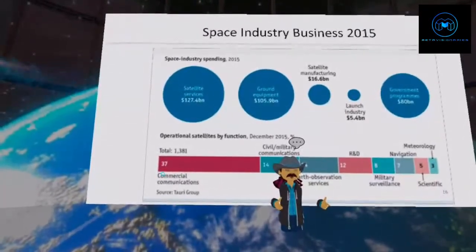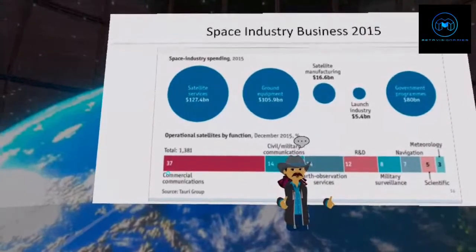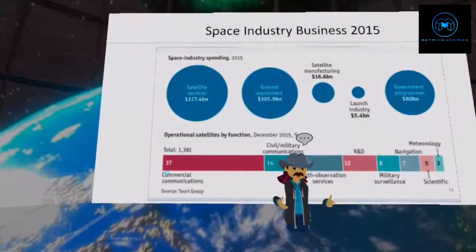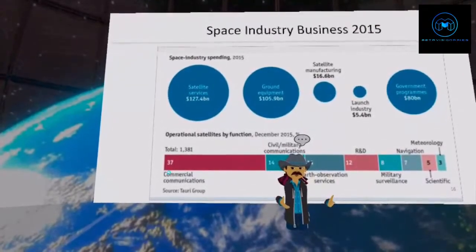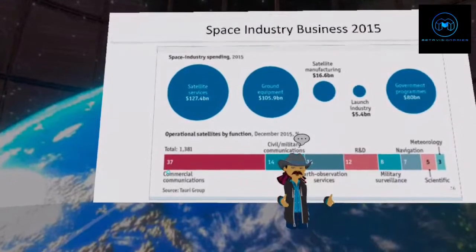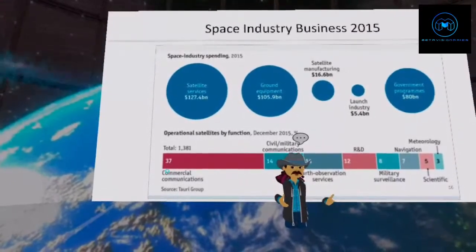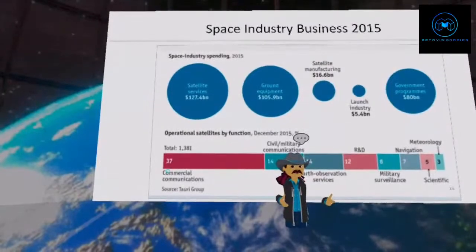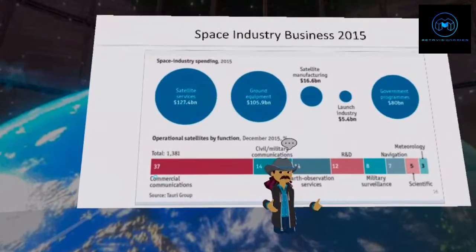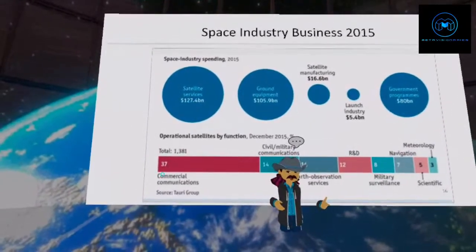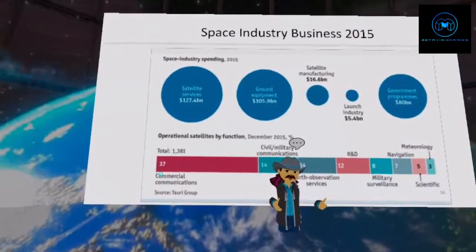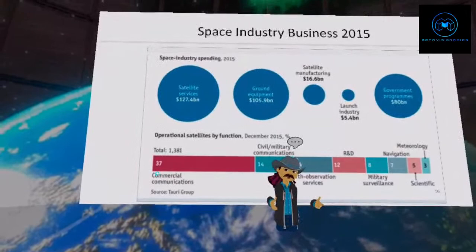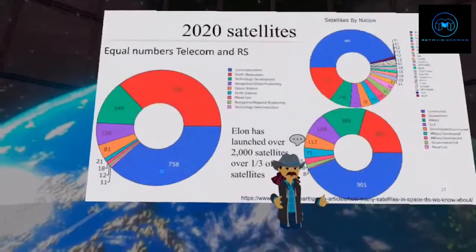And you can see here that the satellite manufacturing and launch services are really quite small. It's what we see, it's what we're interested in watching, the launches, but the launch industry is a very small segment of the overall satellite world. And again, you can see of all the working satellites up there at this time, the majority of these were telecommunications, about half of them. And then we have the Earth observation, research, weather satellites, etc.